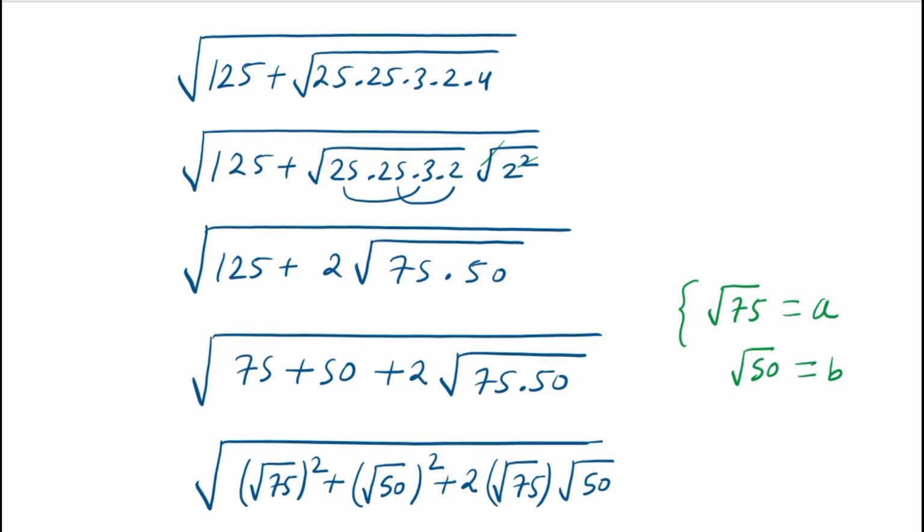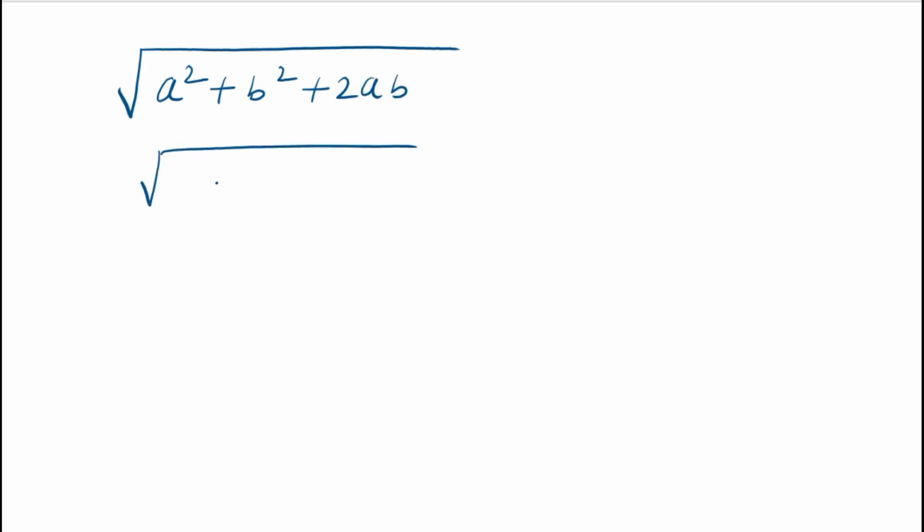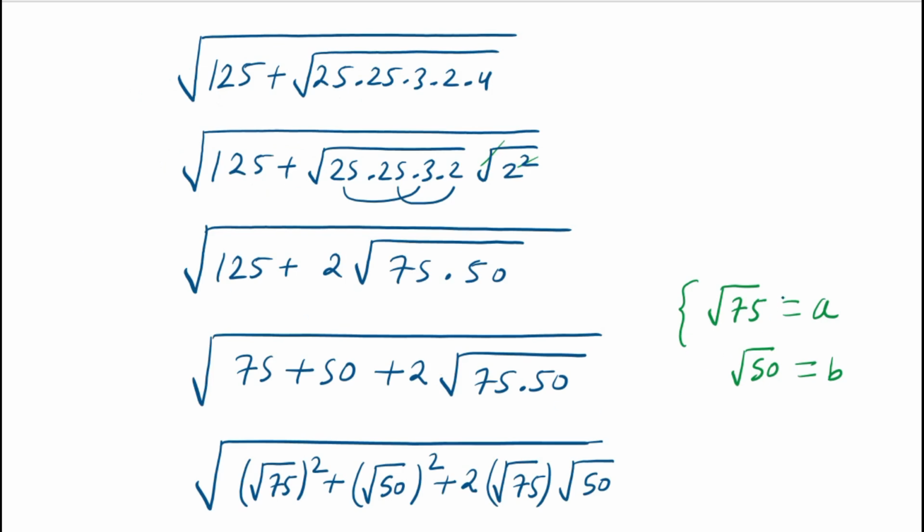Then square root of A square plus B square plus 2 times AB, and this is square root of A plus B whole squared. And we know that the value of A is square root of 75 and the value of B is square root of 50.